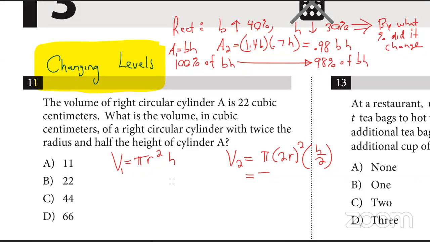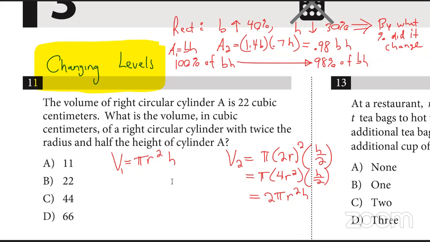So square the 2r and you get 4r squared times h over 2. So now in terms of the numbers, we've got 4 over 1 right here and 1 over 2 right here. So 4 over 1 times 1 over 2 is 4 over 2. So we'll just have the number 2. 2 pi r squared h.